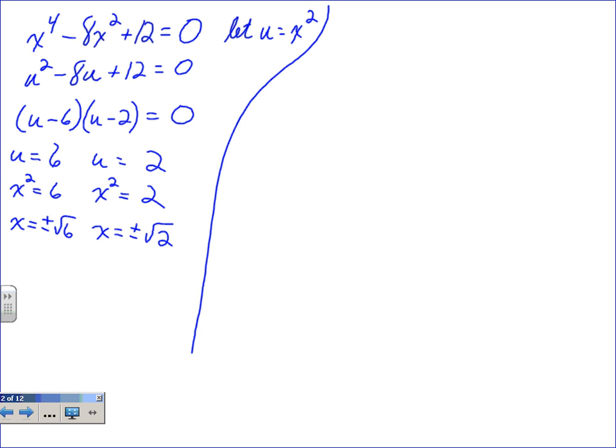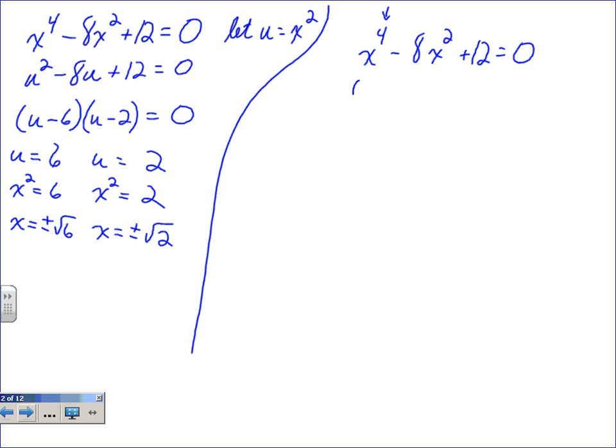Another way, x to the 4th minus 8x squared. I'm just rewriting that problem. I'm saying that if I look at that problem, it almost looks quadratic. Instead of the exponents being 2 and 1, they're 4 and 2. It looks like I can factor it just the way it is.